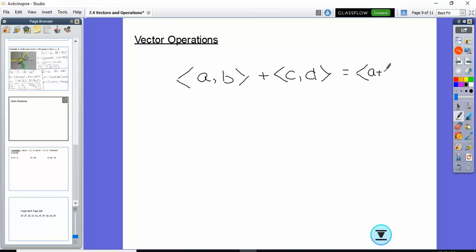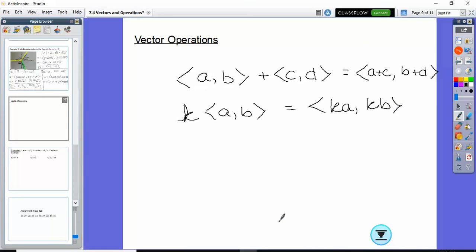Your final vector, the first component is A plus C, second is B plus D. We can also take them times a number. So you get KA, KB. We're not going to multiply these vectors together today. We're just doing some of our basic operations. You could also subtract them. You just do the first minus the second.